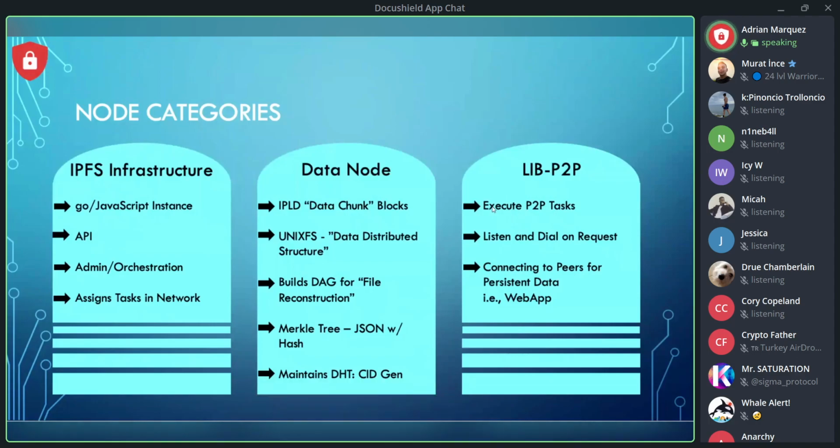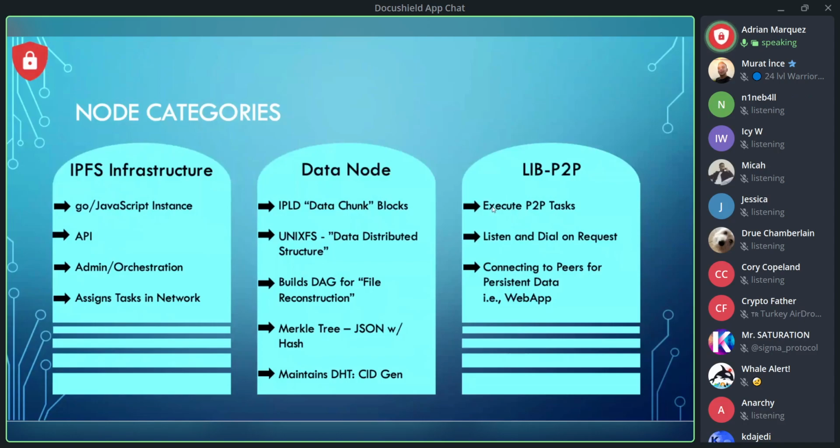It builds the DAG for our file reconstruction, and also for combining the node hash and the content hash. And then it creates our Merkle tree, composed of those hashes created by the DAG. Now the data node can also maintain the DHT. That's part of the data functionality. So that's the distributed hash table. And all of these items are composed of some type of storage mechanism, right, that we're going to need.